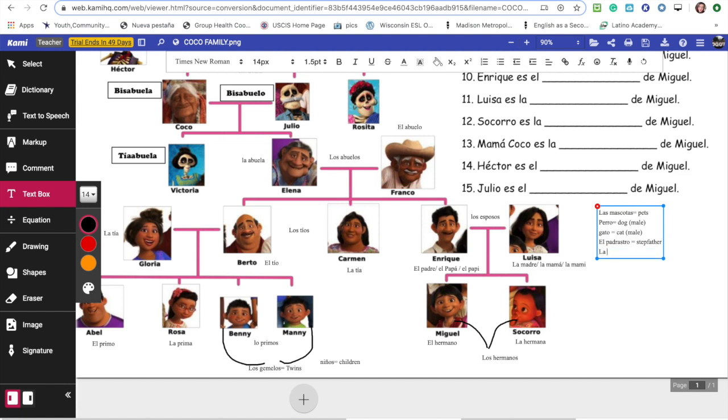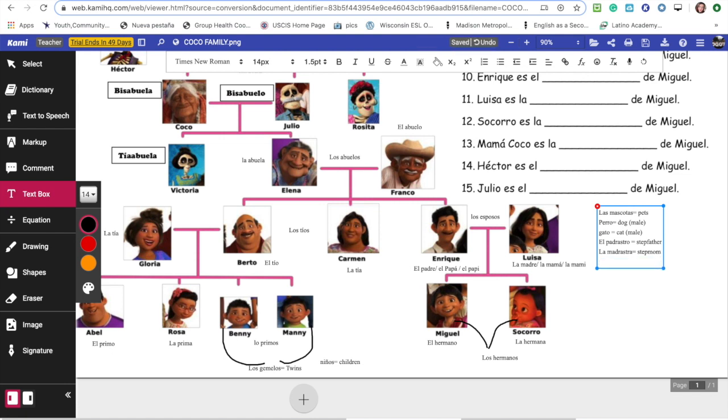La madrastra, that's the stepmom, but usually you call them mom, right? It is very common here in the United States.